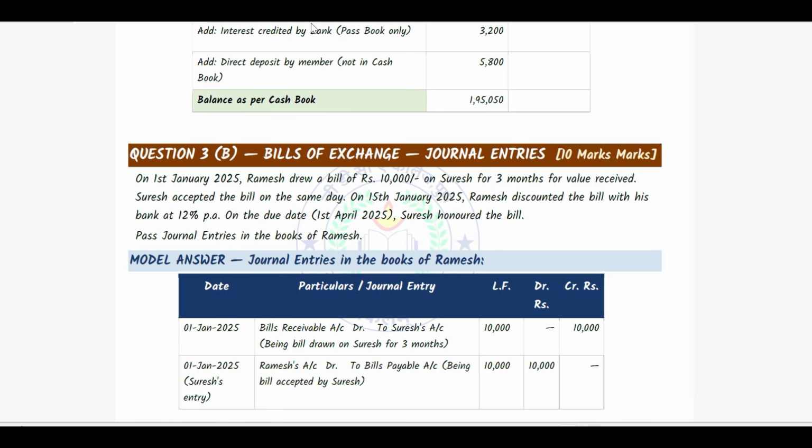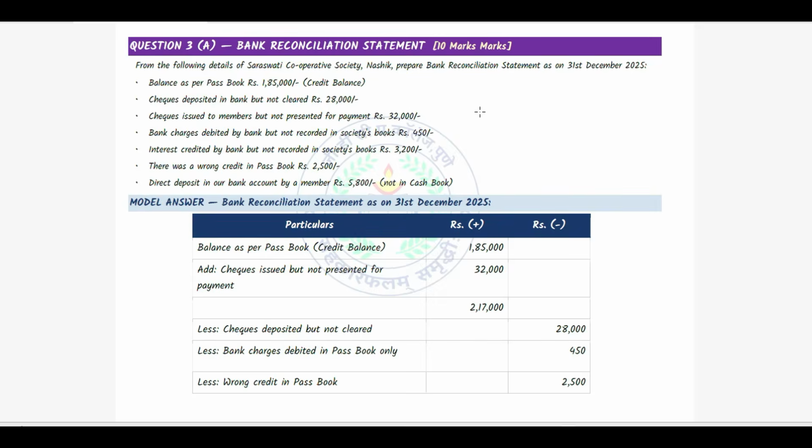Next, add interest credited by bank, 3,200 rupees. Then next, add bank deposits by members not in cash book, that is 5,800 rupees. So the total balance as per cash book will be 1,95,050 rupees.